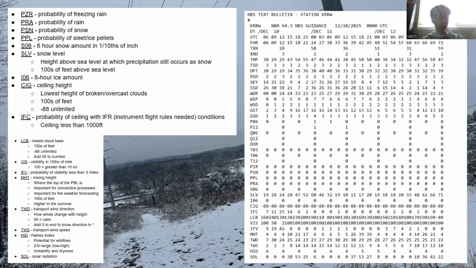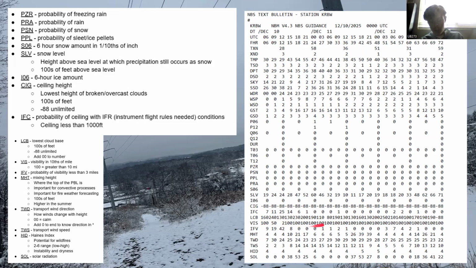IFC represents the probability of ceiling height with IFR, which means instrument flight rules needed. So this would be important for pilots. Basically, if there's a ceiling less than 1,000 feet, and you can see here the probabilities.